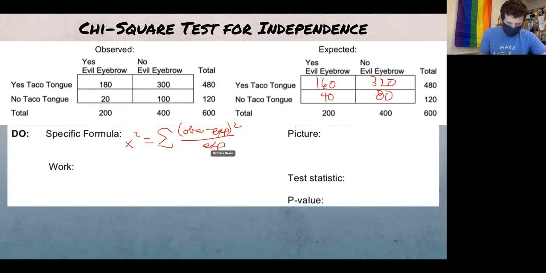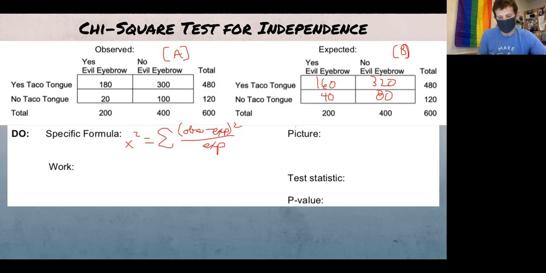At this point, see if you can write out the work for this. As you're writing it out, you can also get started on finding the test statistic and p-value. Keep in mind, you will need to create matrix A in your calculator with your observed values and matrix B with the expected.